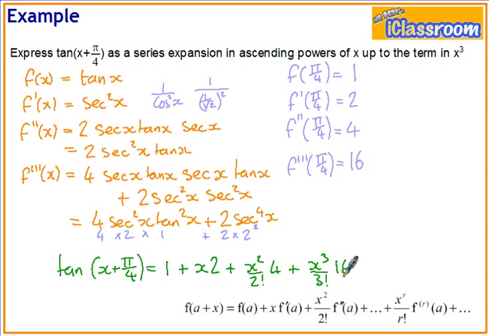And again, I might wish to tidy this up somewhat, because I know I can make this look like 1 plus 2x plus, the 2's will cancel here and give me 2x squared, and again I can get 2's to cancel here to give me 8/3 of x cubed.